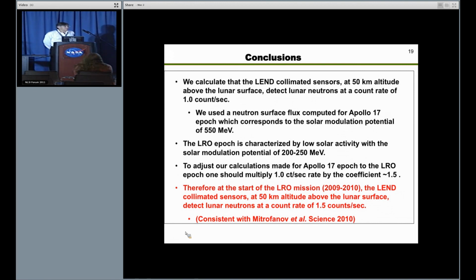Go ahead. So there's a lot of modeling that you've done here, but when you actually look at the LEND data themselves, the omnidirectional detector and the map of the moon produced by the omnidirectional detector is completely qualitatively different from that from the collimated detectors. I don't think it's consistent that you can have so much of the flux coming through the collimated detectors.